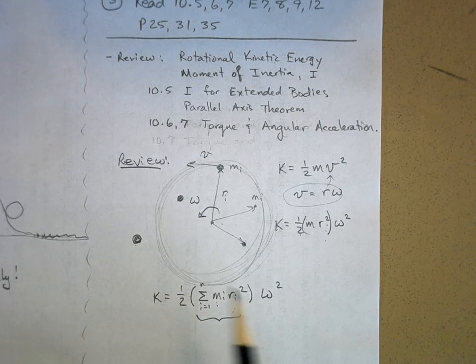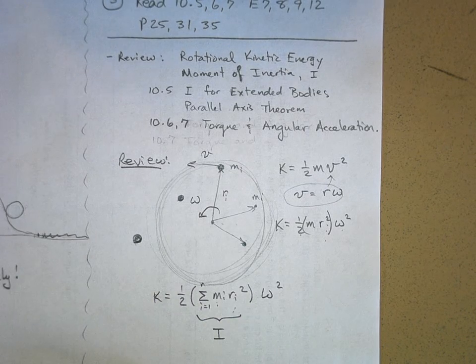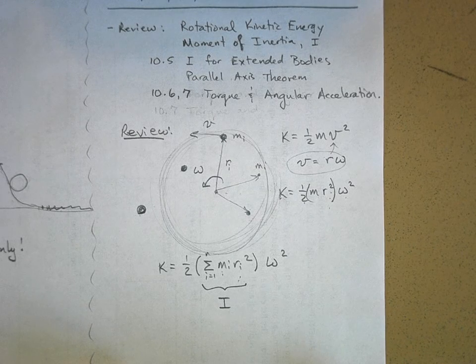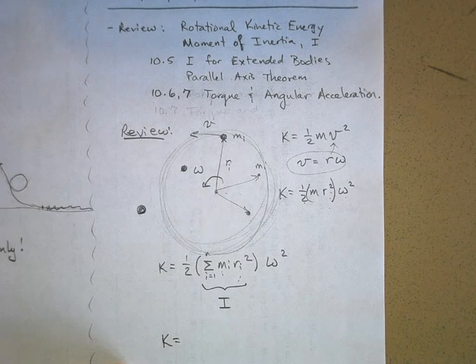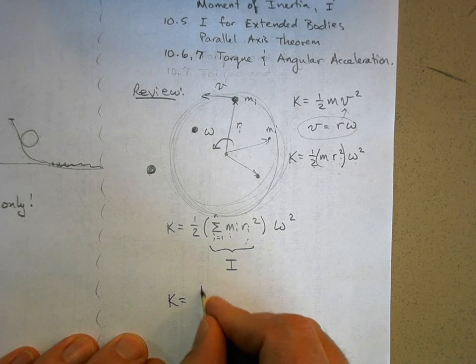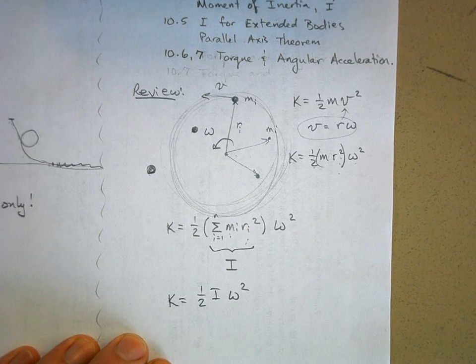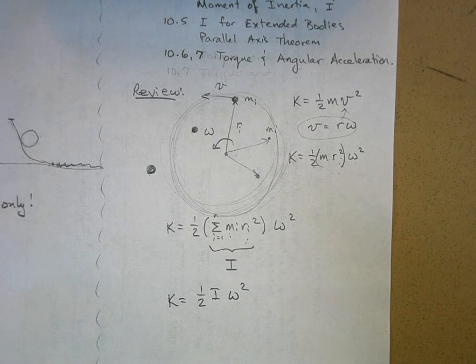So this is the angular equivalent of mass, and we have a variable name for it, I. And so we can say that the kinetic energy expressed in terms of rotational variables is 1/2 I omega squared. Now, these variables are analogous to our linear variables.